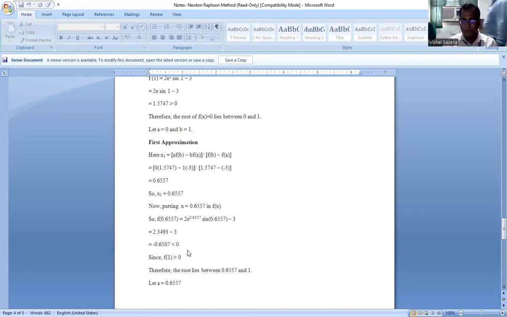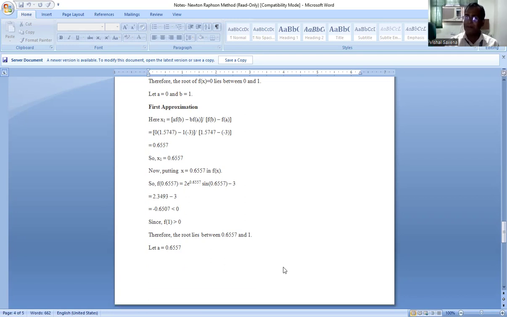In this way, one is the value 0.6557 and the other is f(1). So the root will lie in the interval (0.6557, 1).